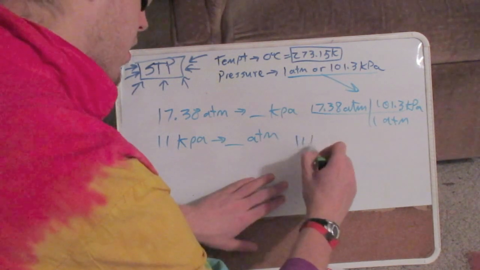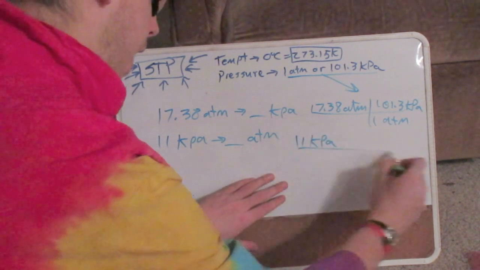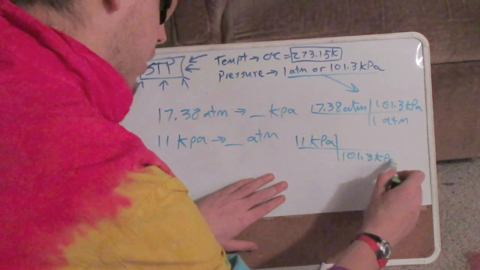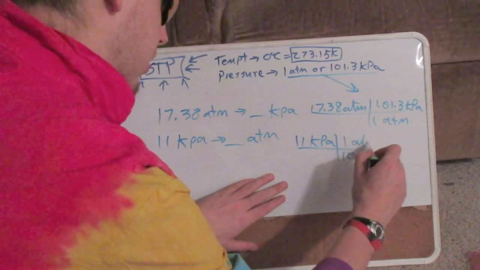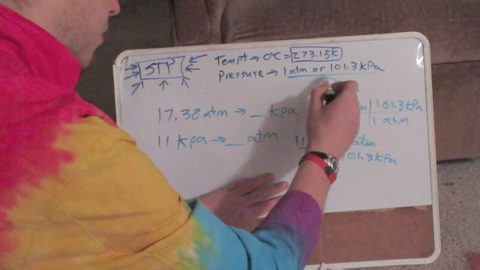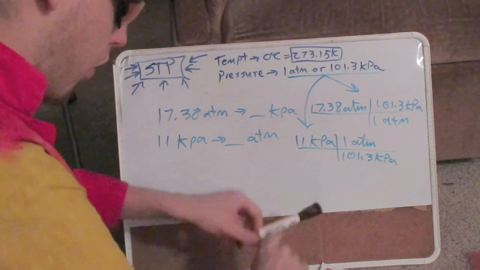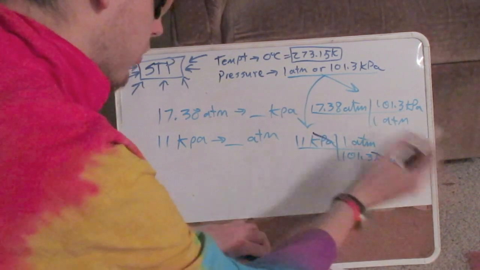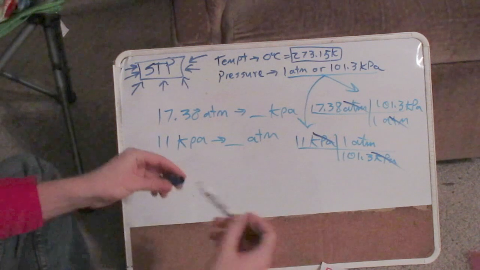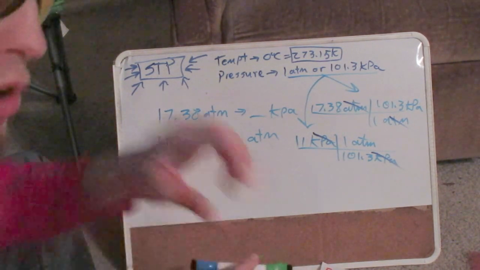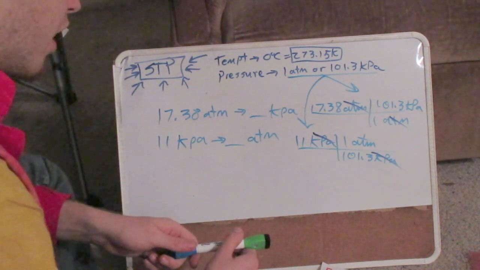Or here, we don't care about kPa, so we put that at the bottom. Again, conversion factor, we bring that down. We do not care, so it cancels out, and you're left with your answers. I'm not going to solve those for you because you guys can solve them for yourself.